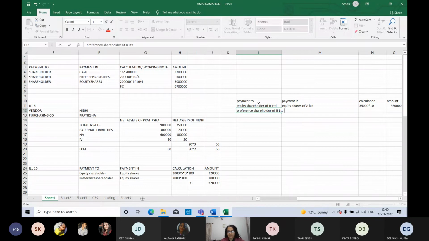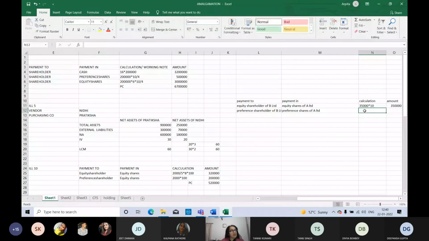Preference shares of A Limited. What is the calculation? Okay, this is going to be a little tricky, guys. He says issued 15% preference shares of 100 each to discharge the preference shareholders of B Limited at 10% premium.